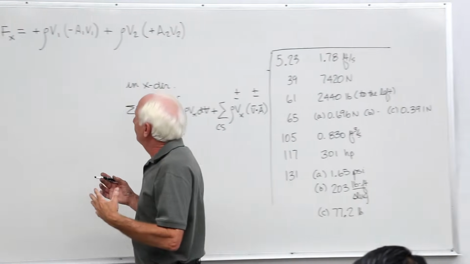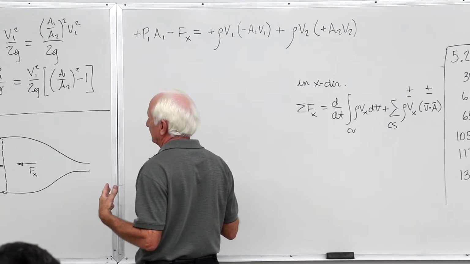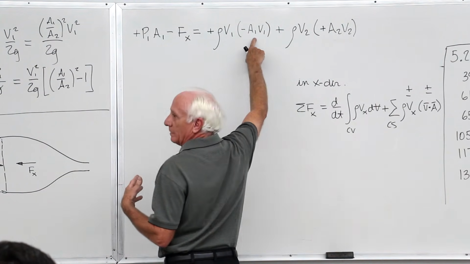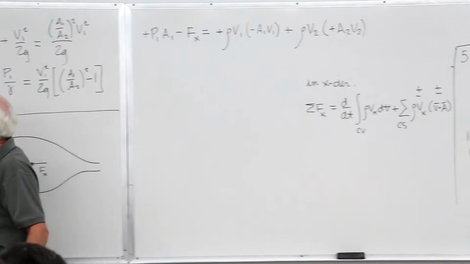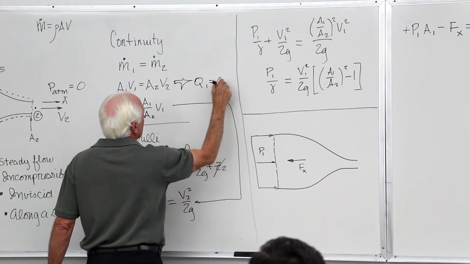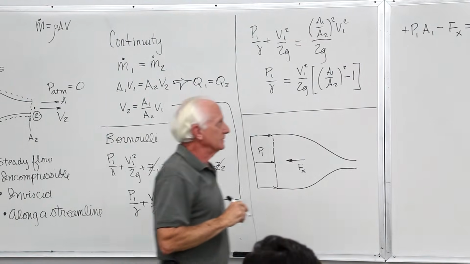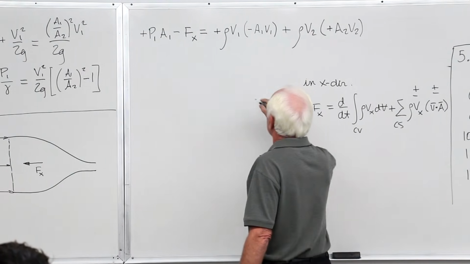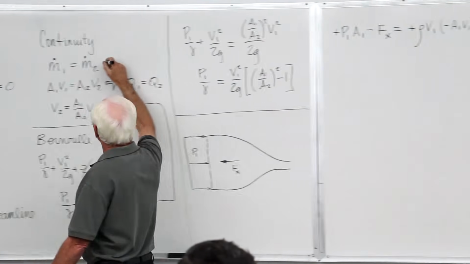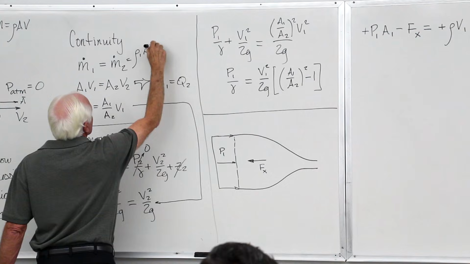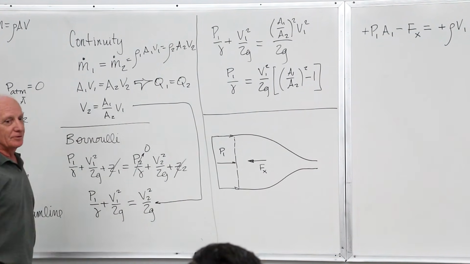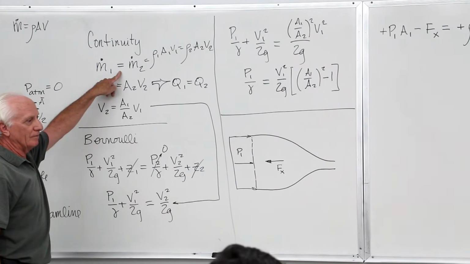Okay, now if you want to simplify it, yeah, go ahead. A1 V1 is Q1, equal to Q2. How come? Conservation of mass. Rho times A1 V1 equals rho 2 A2 V2. How come? Conservation of mass.